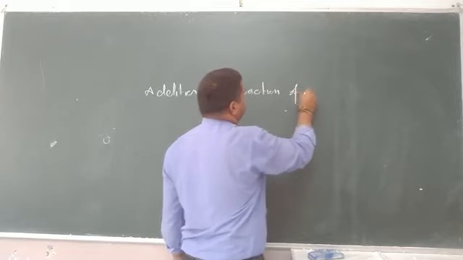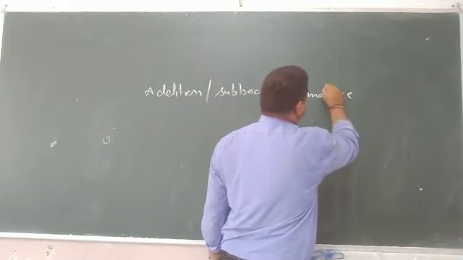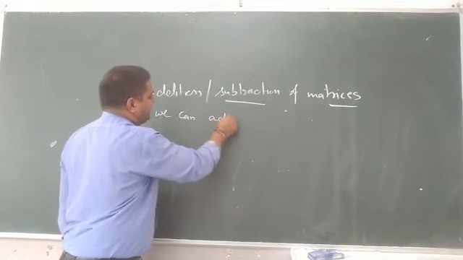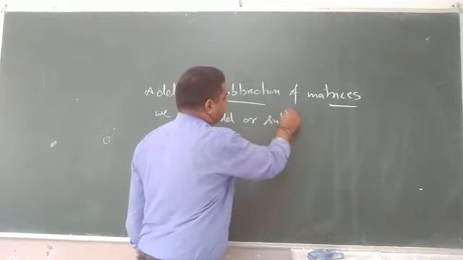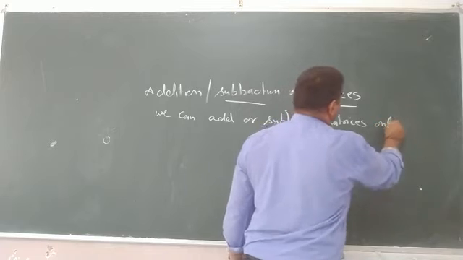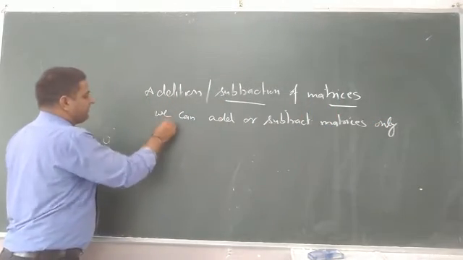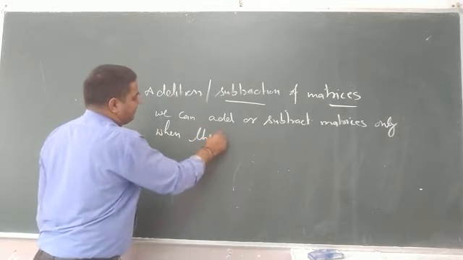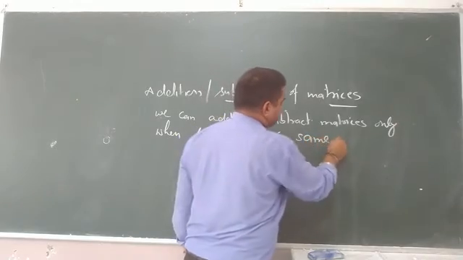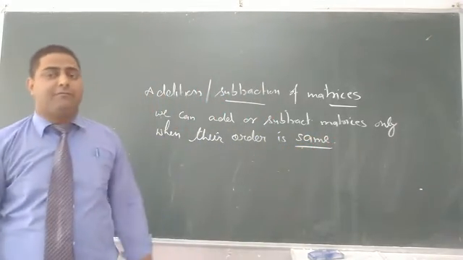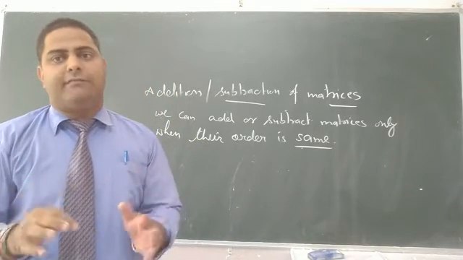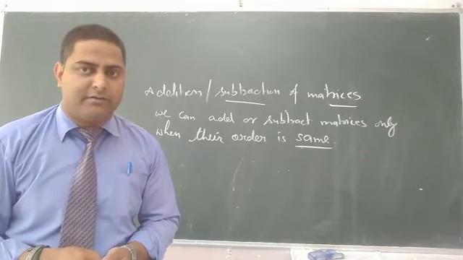We can add or subtract two or more matrices only when their order is the same, right? If two matrices are given but their order is not the same, then we cannot add or subtract, right?